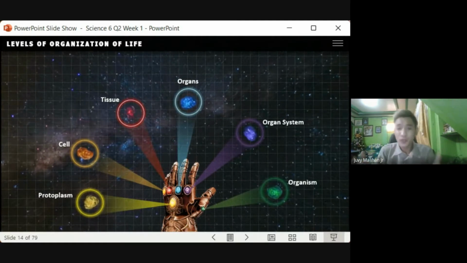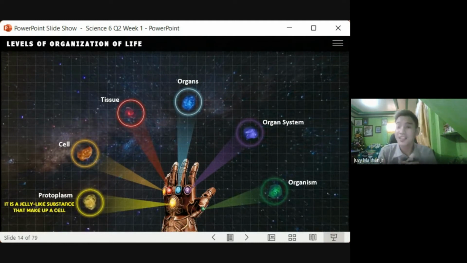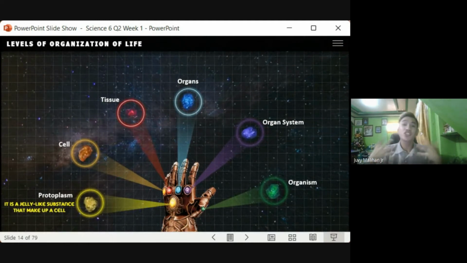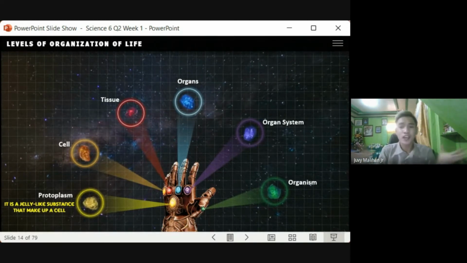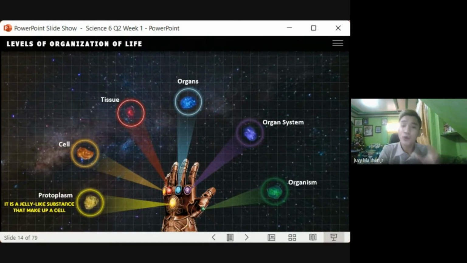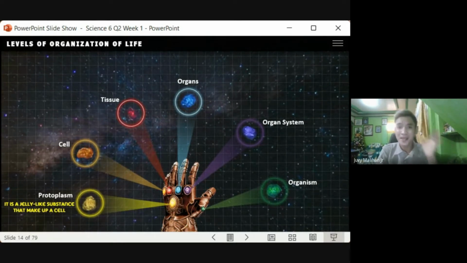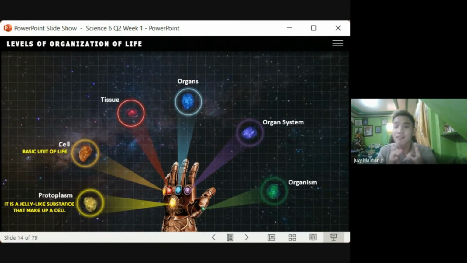When we say protoplasm, class, it is a jelly-like substance that makes up a cell. Again, it is a jelly-like living substance that makes up a cell. In other words, class, there will be no cells without protoplasm. Why? Because the cell, class, is the basic unit of life.